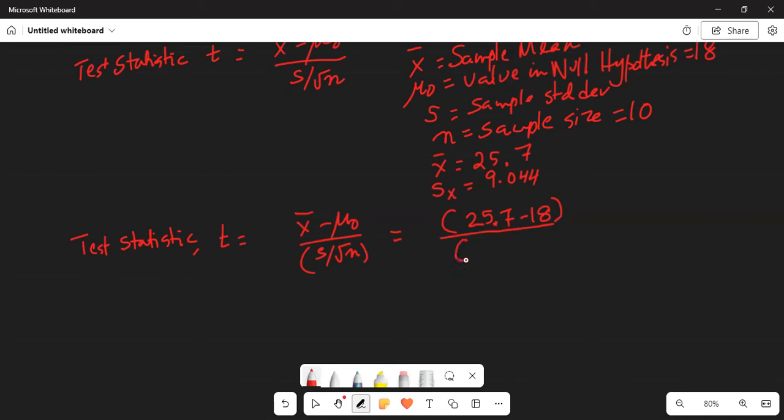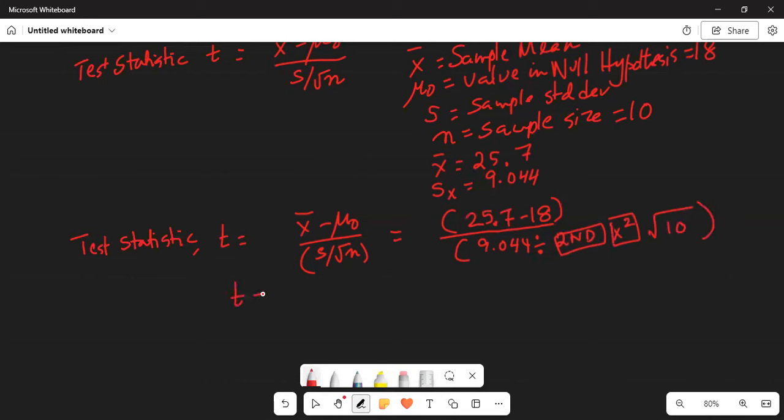Then left parenthesis again, Sx is 9.044, divided by the square root, which we bring in by pressing the second button and the x square button. Inside it, type 10 and then put the right parenthesis.